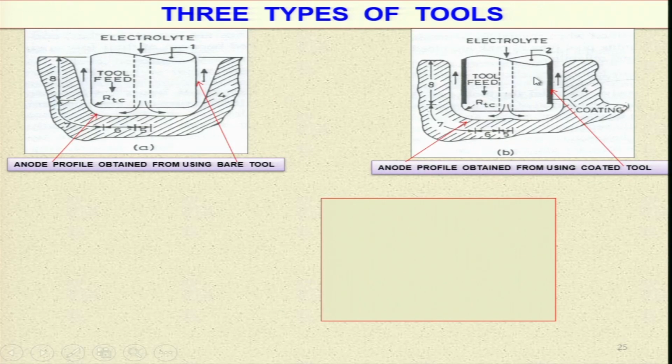So here you can find the straight side of the machined hole, and you will have a uniform gap over there. So you can easily control the dimensions of the drilled hole or the machined component. That is the advantage of the coated tool, and this is the anode and this is the cathode.